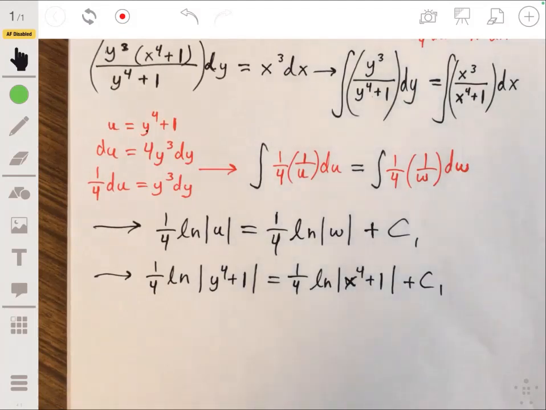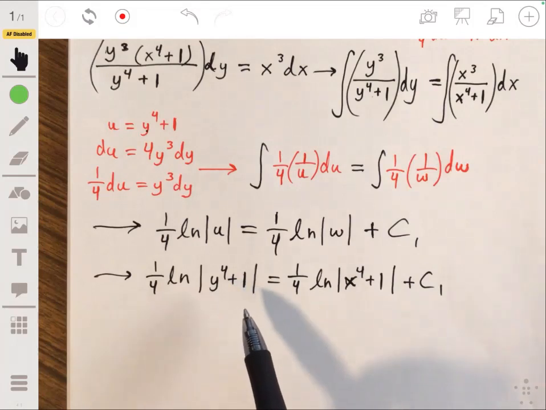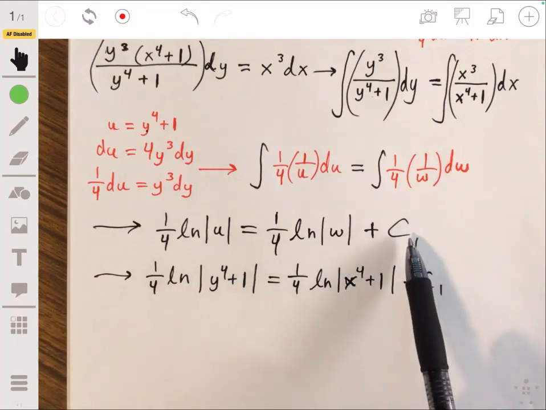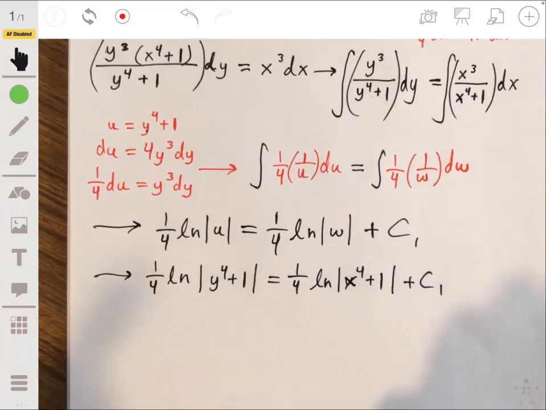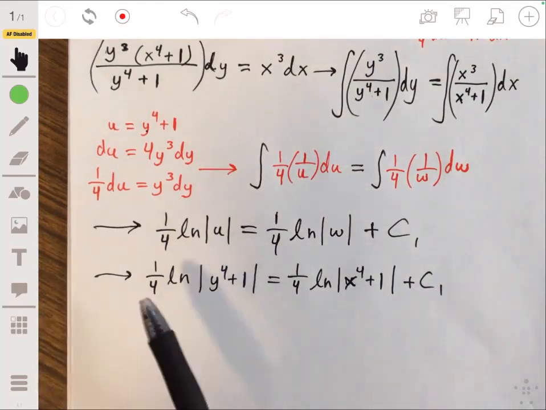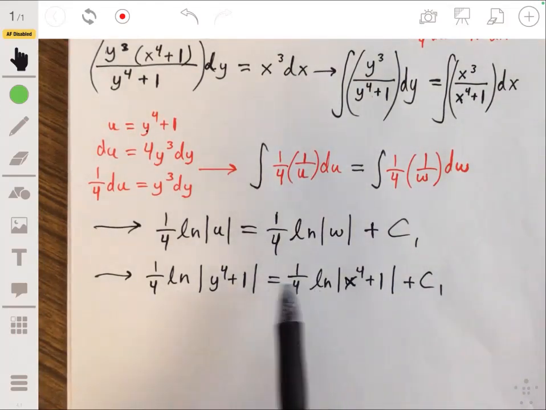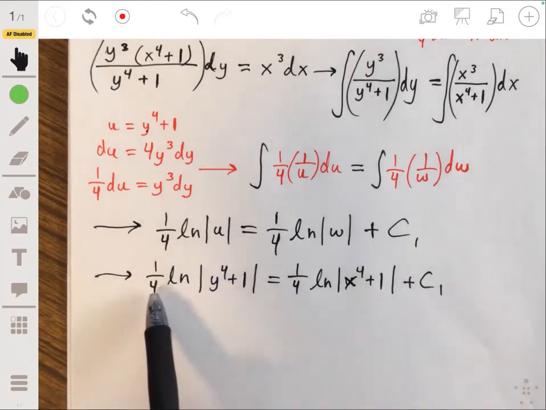Okay, so this will be interesting. You can solve for y right now, or try to isolate it, or you could just use your initial condition to find C1. But in either case, you want to get y as isolated as possible. So what you can do is the 1/4 will be omitted, but you're going to have a different constant. Let's say you multiply everything by 4.